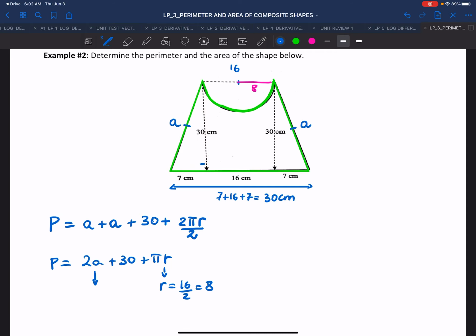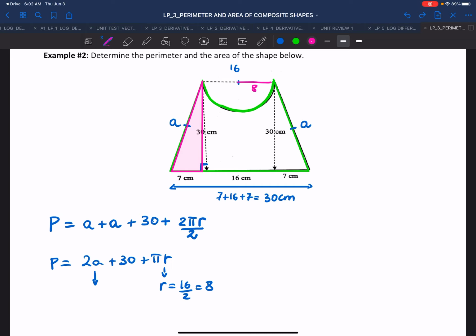And this is a 90-degree angle. So if you look at a in this particular triangle, then we're going to think, oh, so a is not just the side of the trapezoid. We can also look at it as the hypotenuse of this triangle.